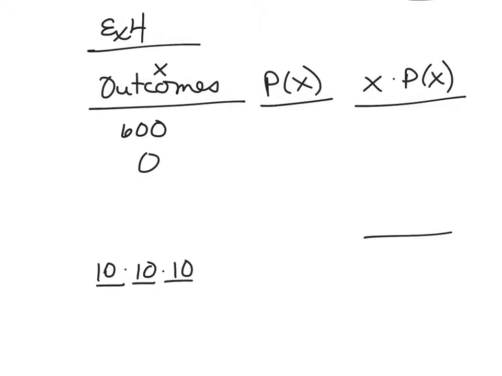So there's 1,000 different things that can happen. How many of those would be a winner? 1. So your probability of winning is 1 out of 1,000. So your probability of losing is the other 999 out of 1,000.